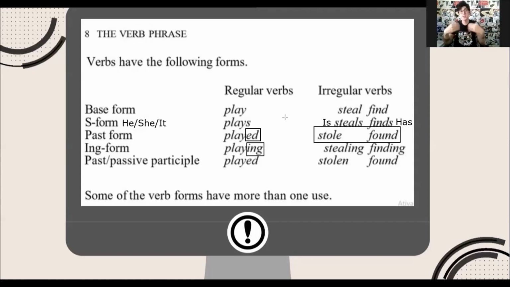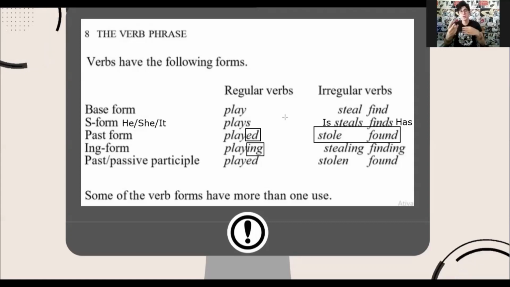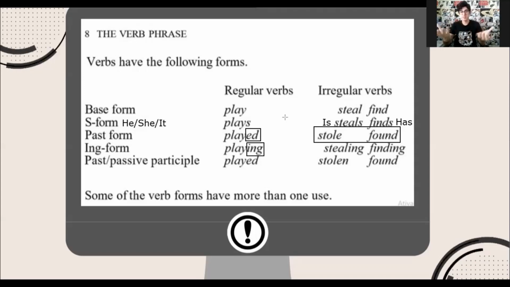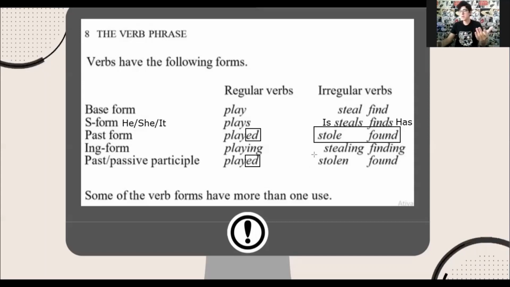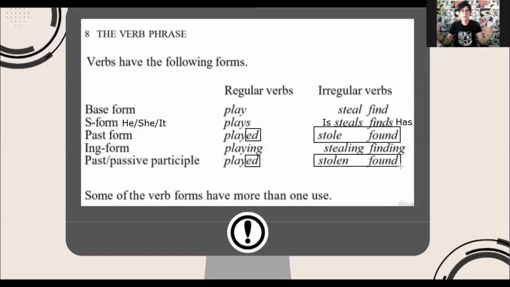Continuing, we have what is called the third column of a verb, that is the past participle or the passive participle. For the regular verbs, it follows the same structure, that is the ed form. So for the regular verbs, the simple past and the past participle follow the same rule, the same pattern, that is an ed at the end of the verb. But for the irregular ones, again, no pattern found.